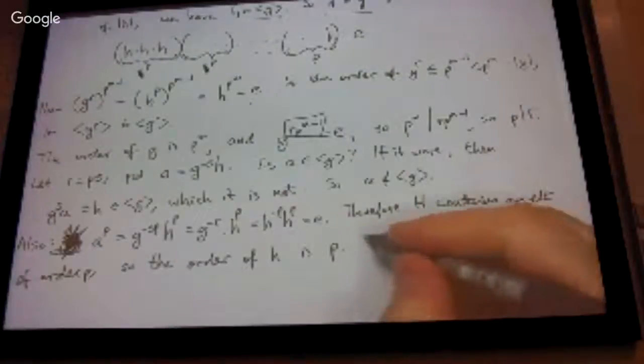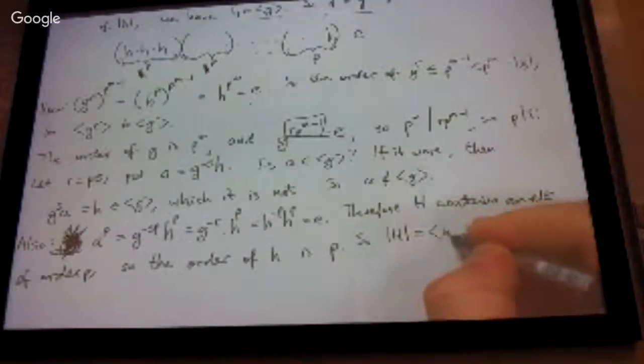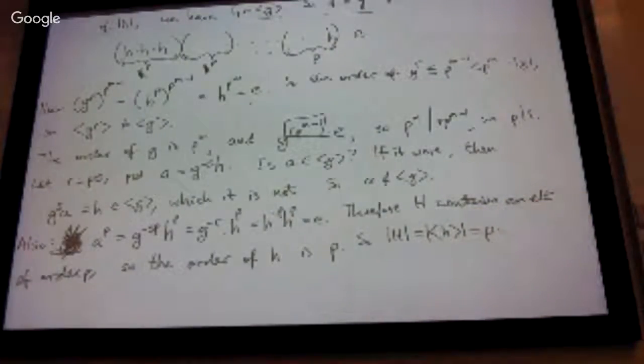Okay, this is a really nasty proof. So H is cyclic of order p.